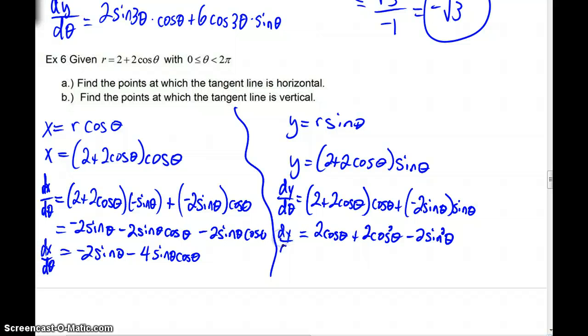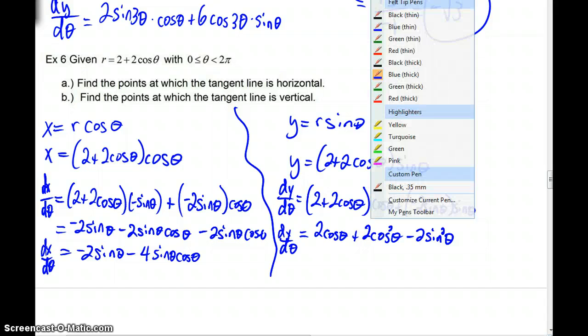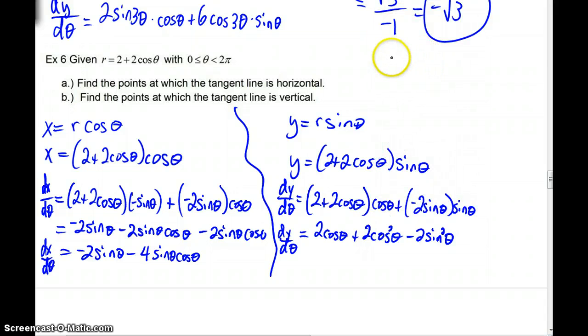You might notice that, sadly, we don't have a nice, simple combining of like terms like we had before. But I do want to call something out here. This problem is not asking us specifically to write the formula for the derivative dy dx, but it might help us to do so.